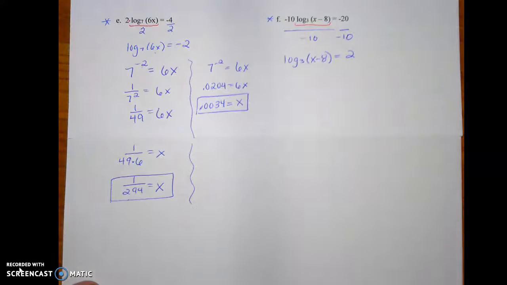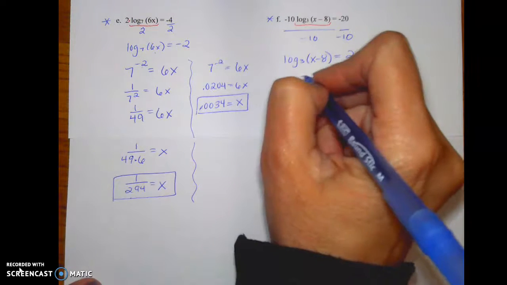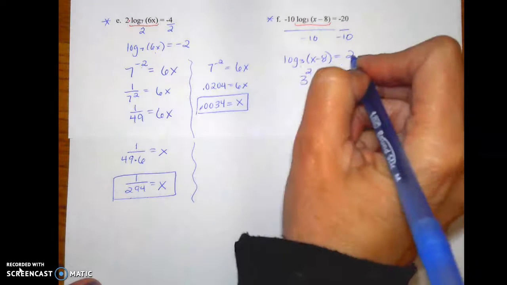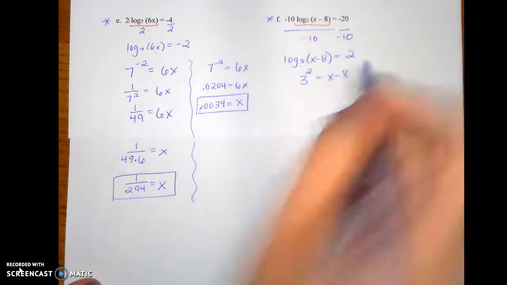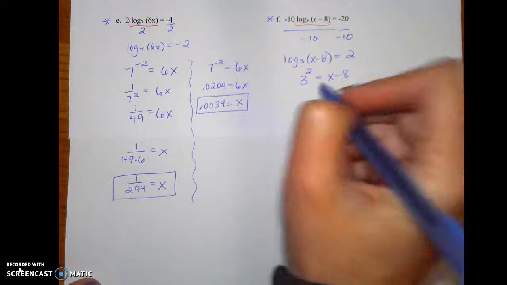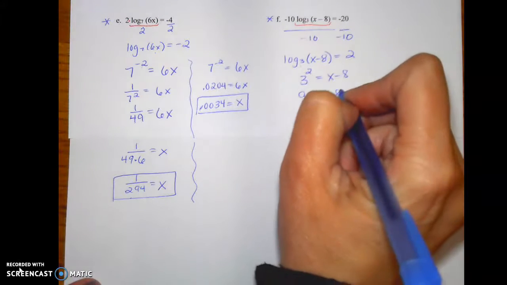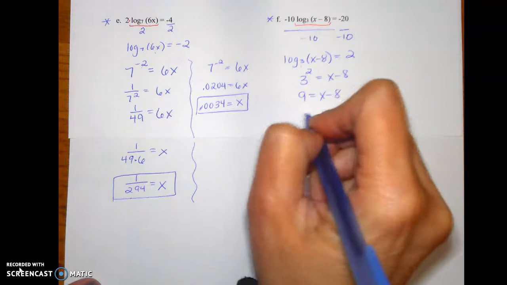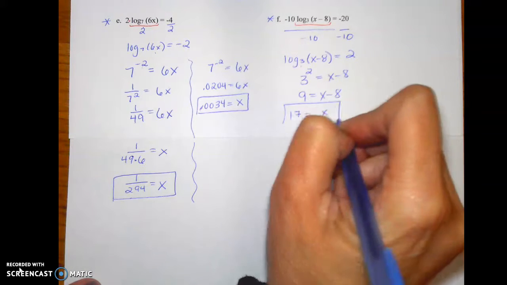And from here, it becomes very similar to the problems up above, where we have 3, here's our base, raised to the power that sits on the other side, equals x minus 8. 3 squared is 9. Move the 8 over, and our final answer is x equals 17.